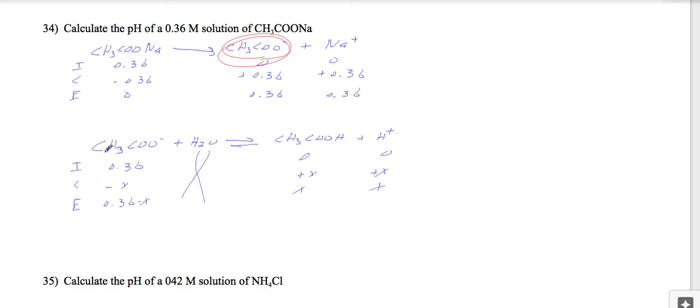The Ka, I don't want to get too confused here, the Kb of this thing is equal to 5.6 times 10 to the negative 10. So now we have what we need to be able to solve for this.